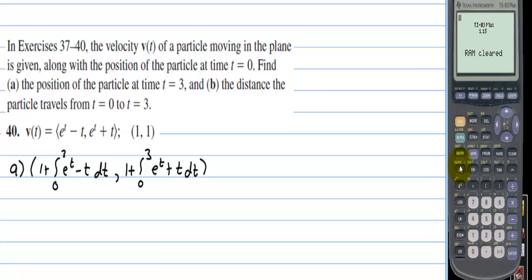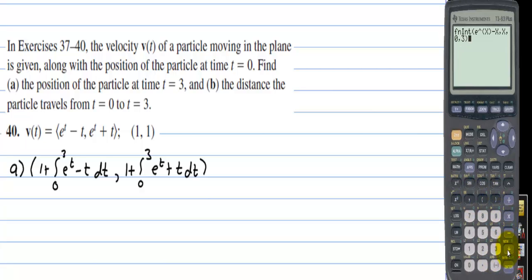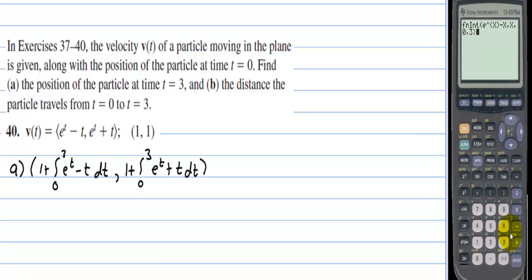So let's just do this on the calculator. We have math 9. Let's see, we have e to the x plus x. Actually, on this one it is minus x. Our variable is x, and we're going from 0 to 3, and we are also adding 1 to this.